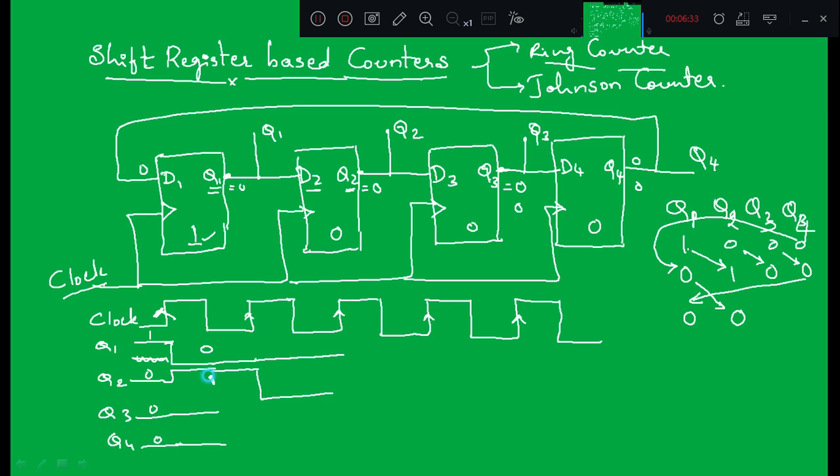Since Q2 is connected to D3 and the previous state of Q2 was high, Q3 will become 1 and Q4 will become 0. So this is at the second clock pulse. This is the first clock pulse, second clock pulse.